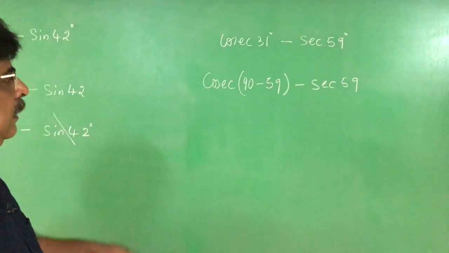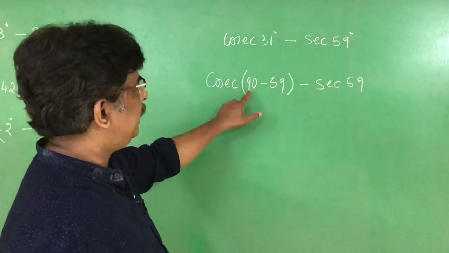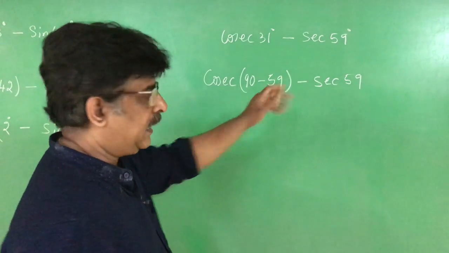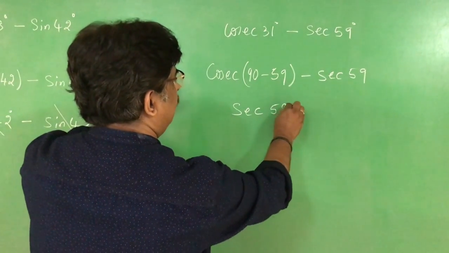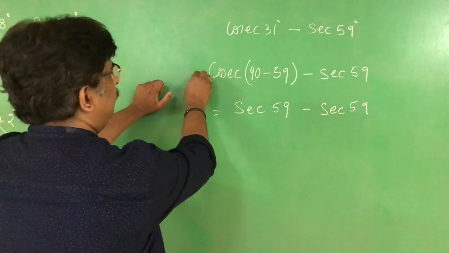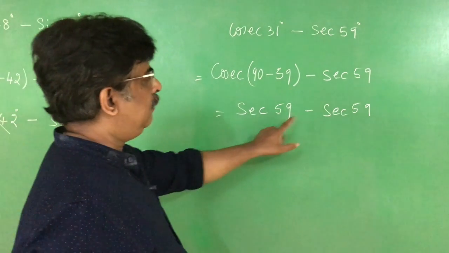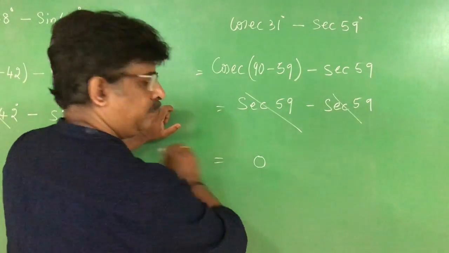Cosecant of 90 minus theta is secant theta, where theta is 59. So secant 59 minus secant 59, equal minus equal cancels.